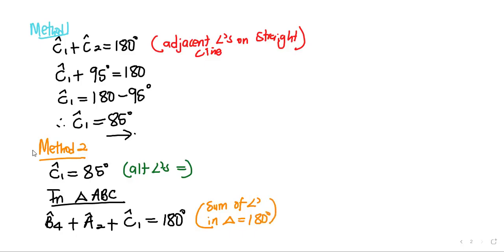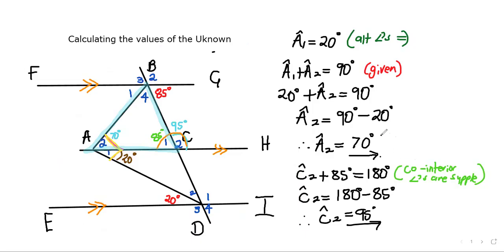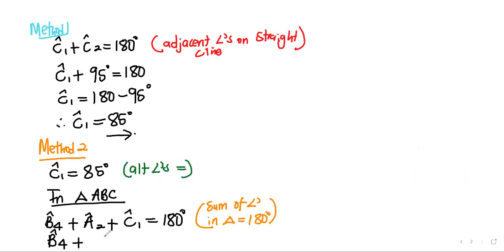Then after that, we want B4, which is unknown. We're going to say B4 plus, what did we get with regards to angle A2? So A2, we got 70. So we're going to write 70 degrees plus C1, we can see we got 85. 85 is equals to 180 degrees.